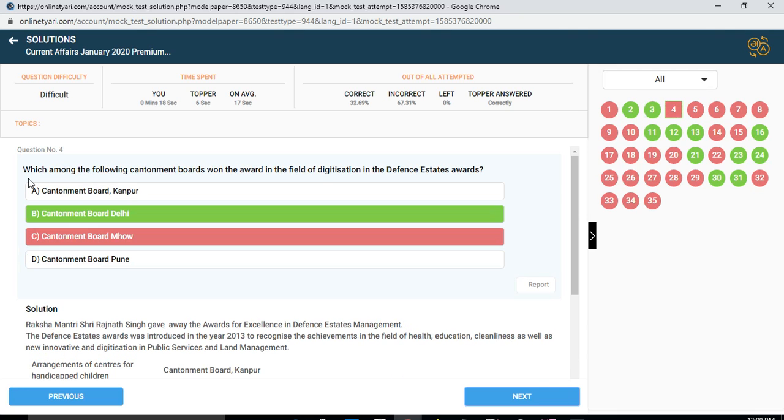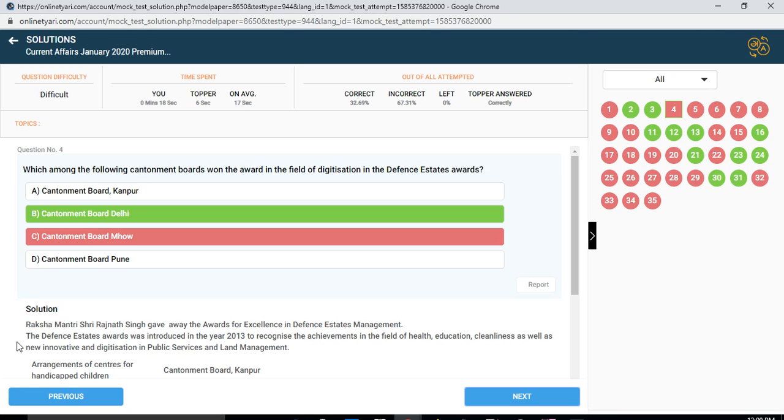Here, which of the following Cantonment Boards won the award in the field of designation, Defense Estates Award? The answer: Cantonment Board Delhi. Solution: Raksha Mantri Shri Rajnath Singh gave away the award for excellence in defense estates management.